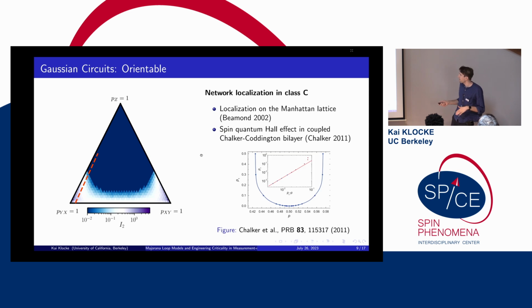The reason for this is that there's this terrible mess about network localization for models in class C, where it turns out that as soon as you couple two layers, say, of Chalker-Coddington networks, this splits your percolation critical point into two.